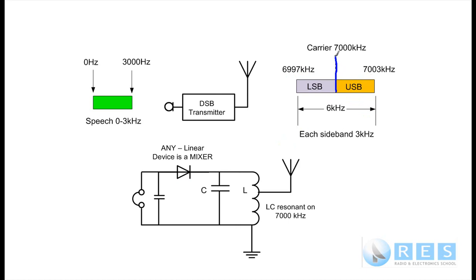Alright, well let's just try a few things. What is the difference between 7,000 kilohertz and 7,003 kilohertz? There's a signal here on 7,003 kilohertz, that's a radio frequency signal, and there's a carrier on 7,000 kilohertz. The difference between 7,000 kilohertz and 7,003 kilohertz is 3 kilohertz.